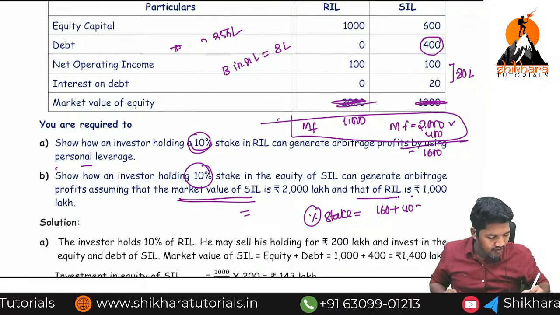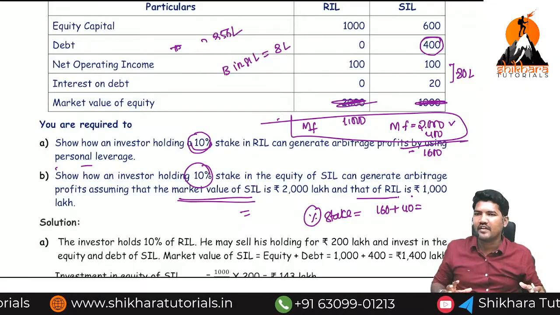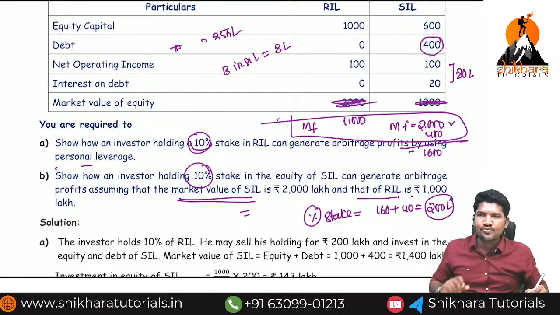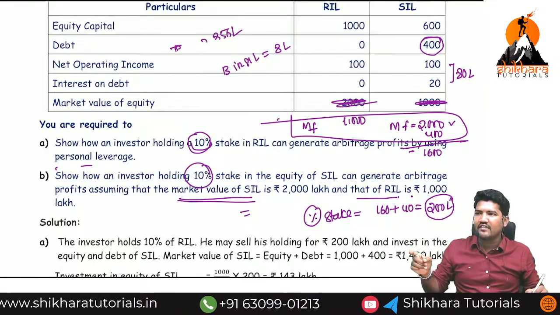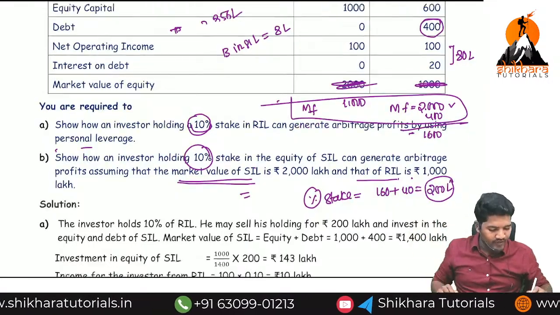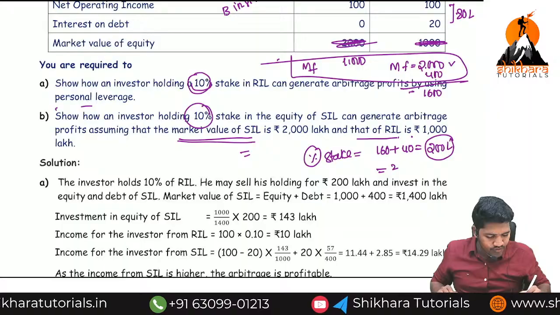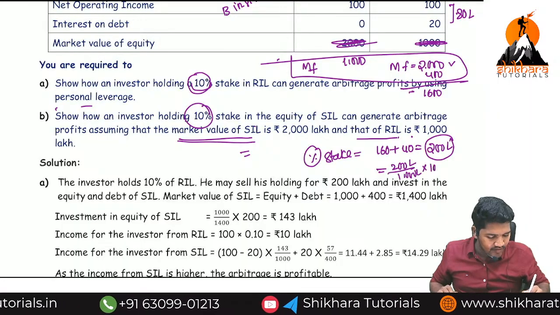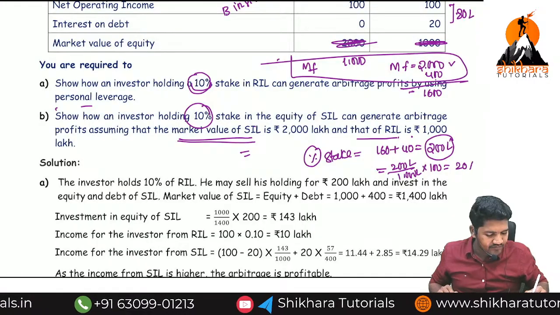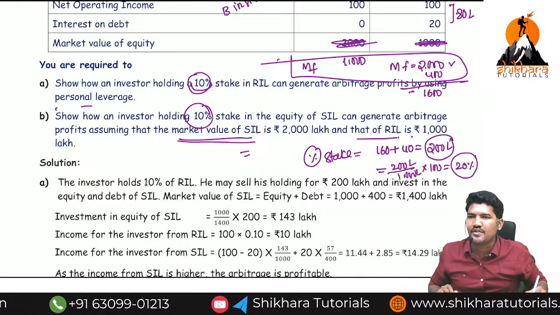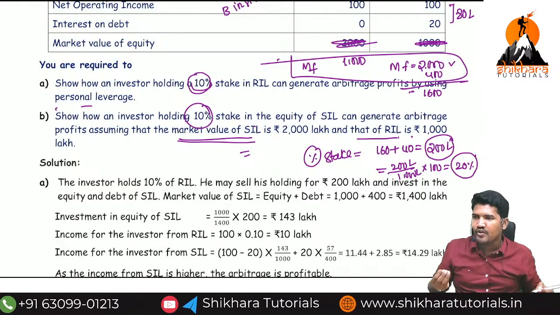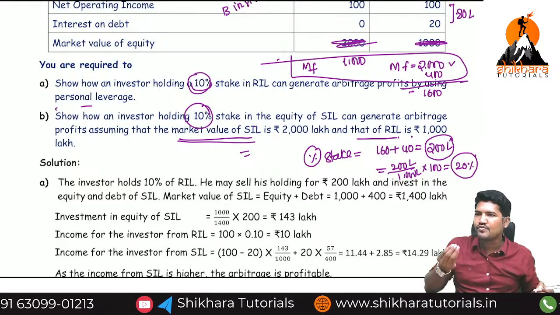Now the total investment available in your hand is 200 lakhs. If you put this 200 lakhs in RIL, you will get a stake percentage equal to 200 lakhs divided by 1000 lakhs into 100, which is 20%. Because of having 20% ownership in RIL, you can get a 20% benefit.